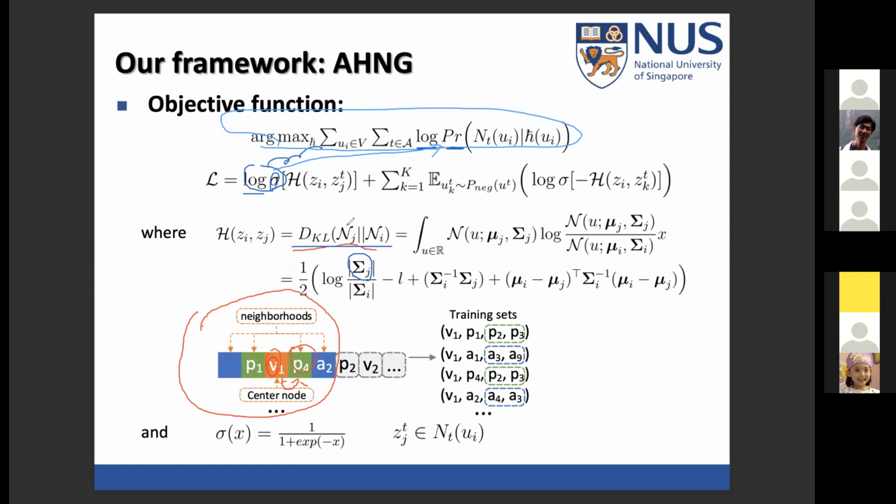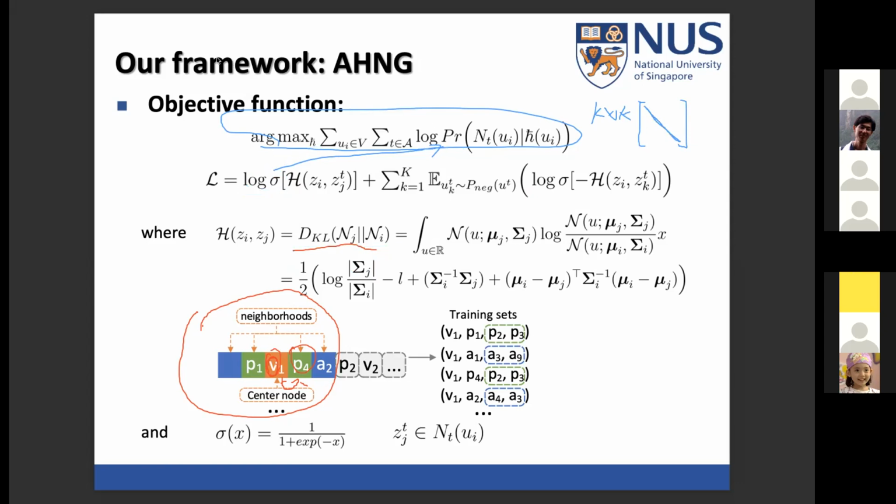Sigma is a matrix, so it may have k times k parameters. But we have a simplification, such as we just suppose the sigma. Okay, I think I get it. Thank you. You're welcome.